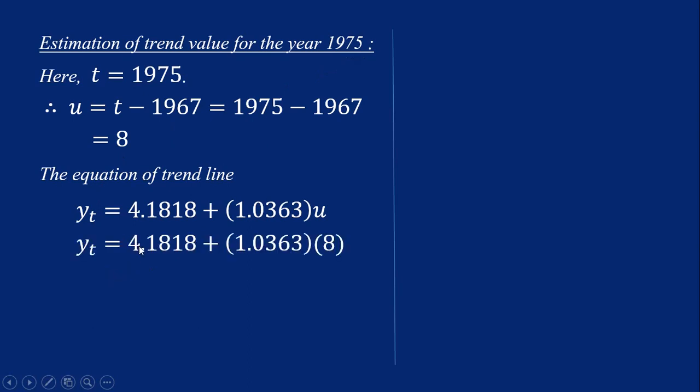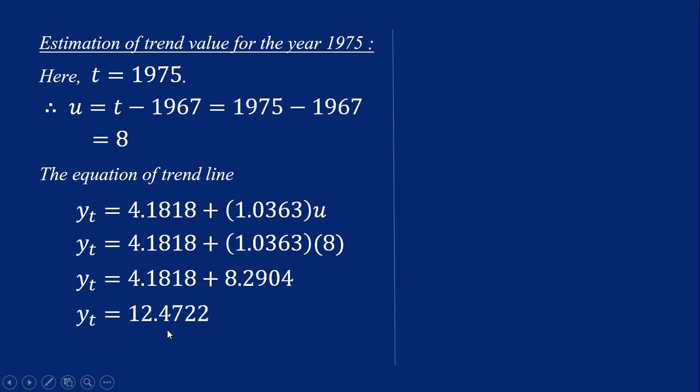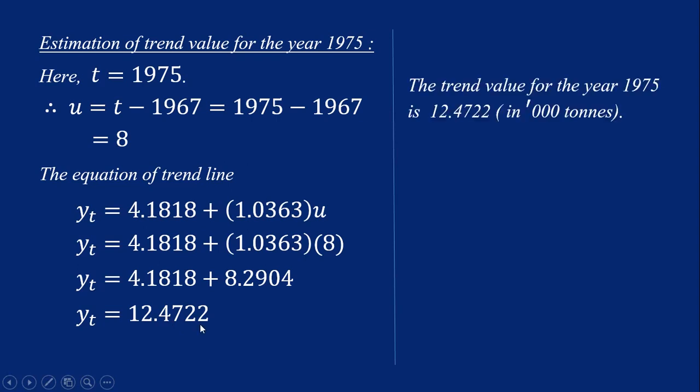So yt is equal to 4.1818 plus 1.0363, and in place of u, we substitute 8. This calculation gives yt is equal to 4.1818 plus 8.2904, it is equal to 12.4722. So the production is this value of yt.